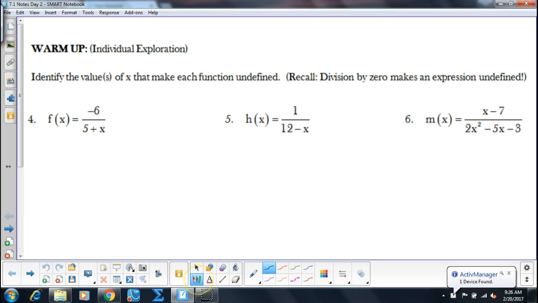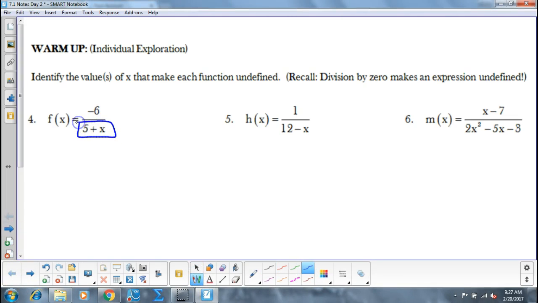So in this particular one, I'm looking at where that equals 0. So 5 plus x equals 0.